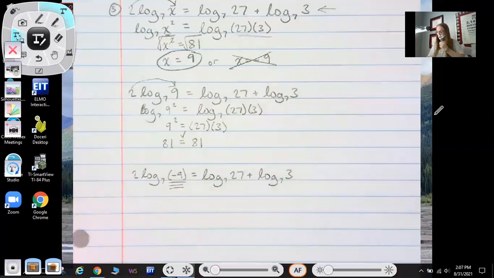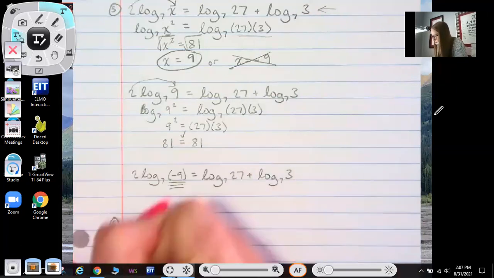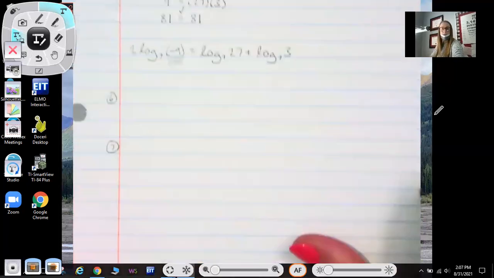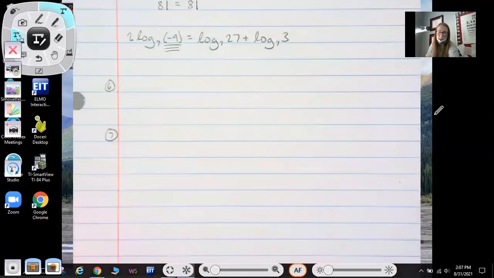Okay, I have 2 more examples. They are very similar to the 2 examples we just worked. So I'm going to write them out and let you work them on your own or with someone next to you, and then we'll talk about what the answers are together at the end of class.